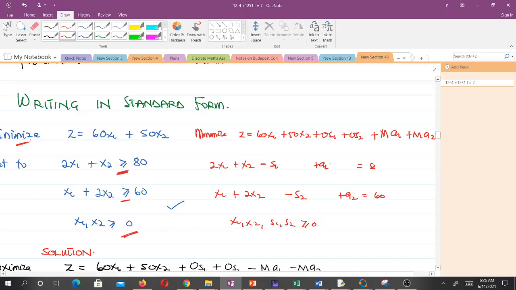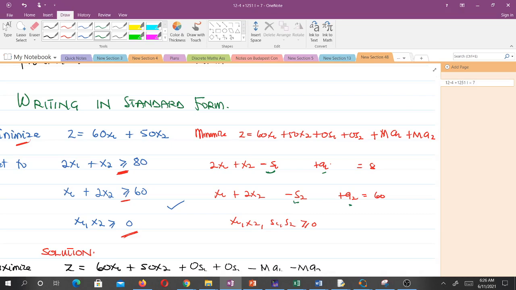When you look at this s1 here, it has a minus one coefficient, so even though it appears once, it's not a basis. This s2 also has a minus one coefficient, so it's also not a basis. So that's the reason why we introduce the artificial variables a1 and a2. They have a plus one coefficient, and they appear just once in the equation, so it helps them to be bases. That's why we introduce them.